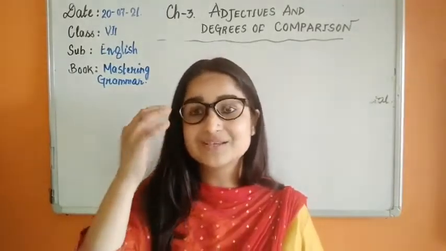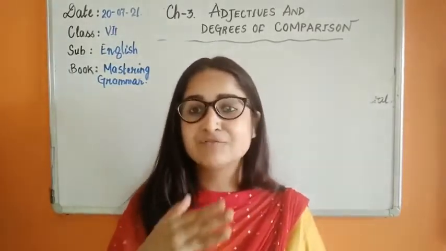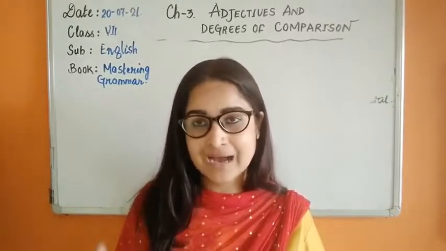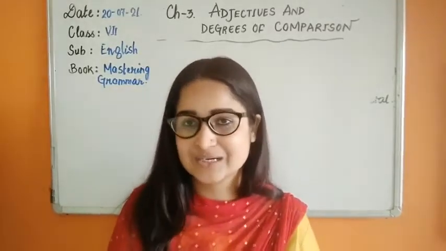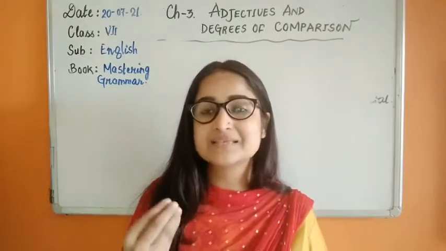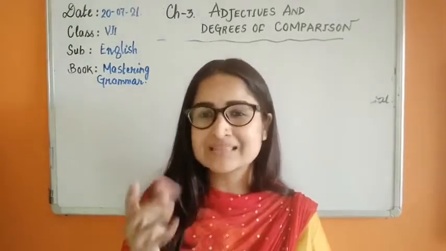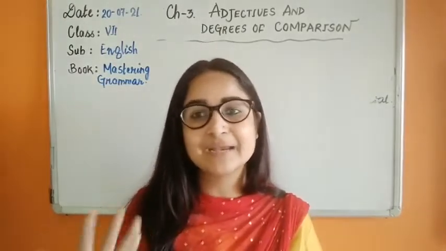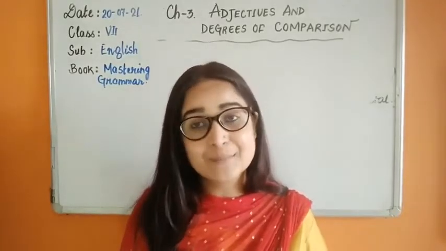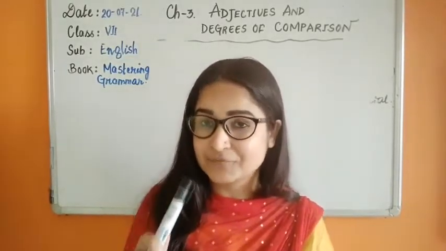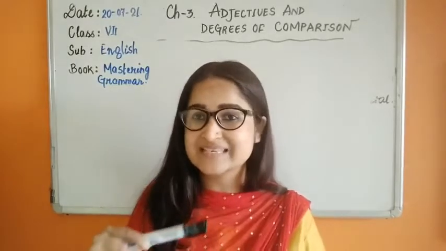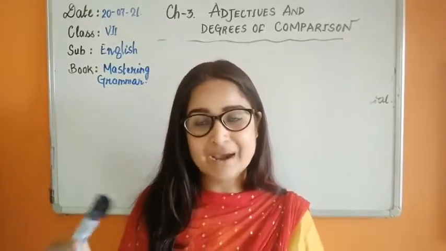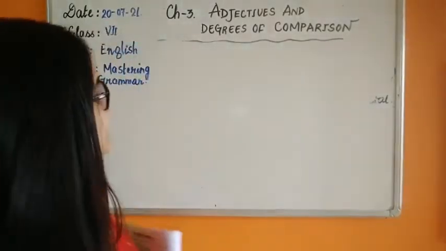Now when there is no comparison, like I have not compared the noun with anything, it means the adjective remains as it is, because we have made no comparison. That becomes our first or basic stage, the first degree of comparison, that is the positive degree.